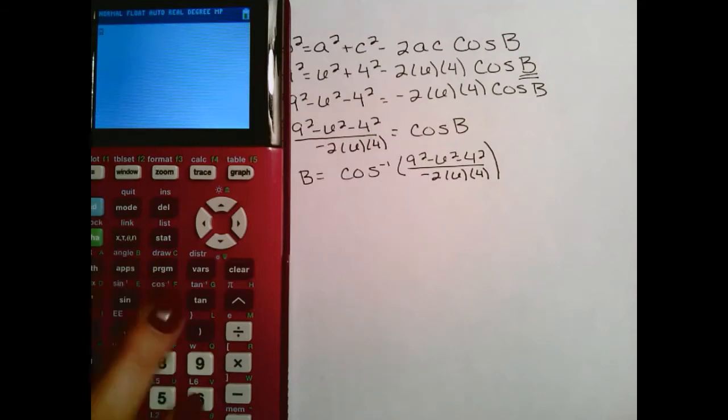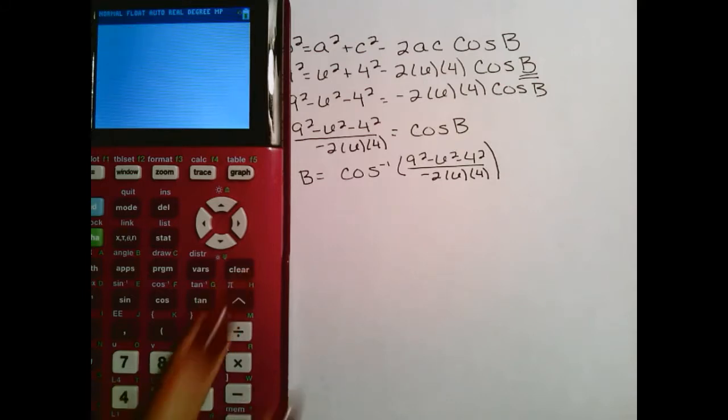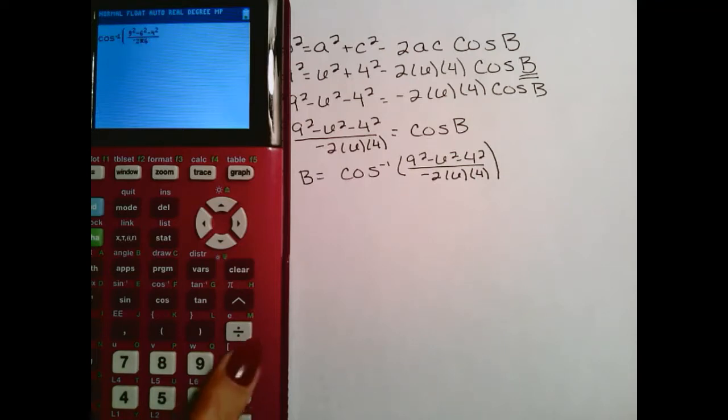We say second cosine for our inverse, and then alpha y equals for our fraction, and then plug in your numbers. Remember down below to use the negative sign, not the minus. And if you're looking very closely, you could even see that the negative sign is a tad bit smaller than the minus.